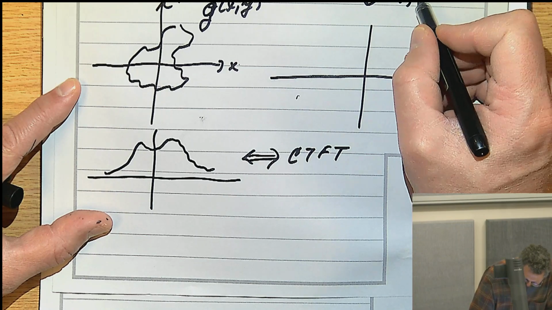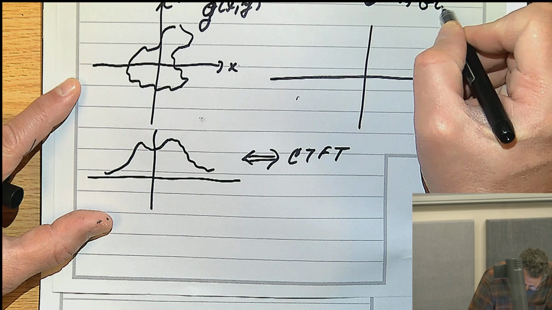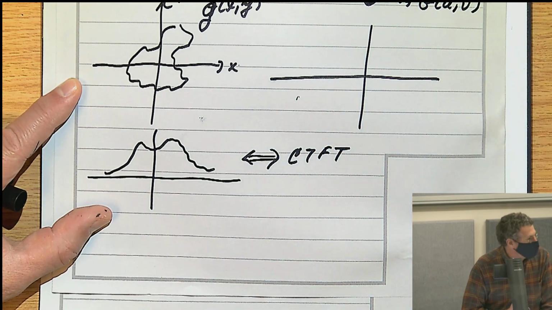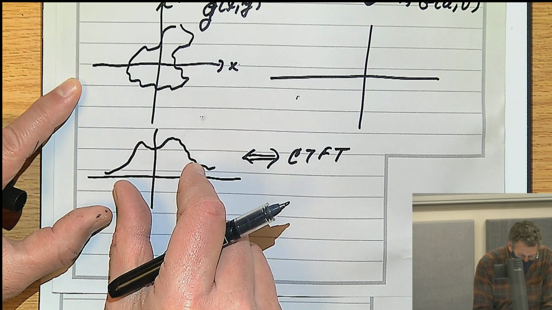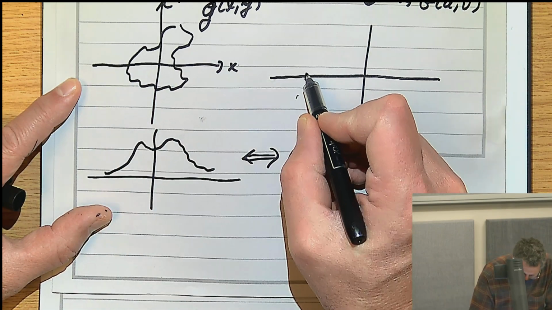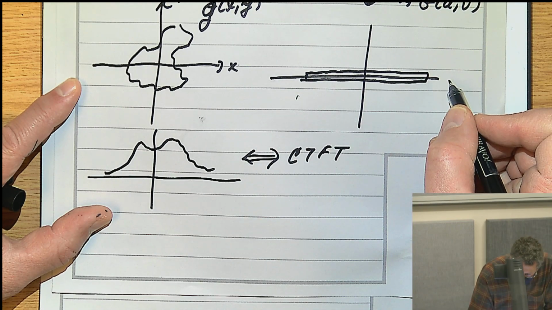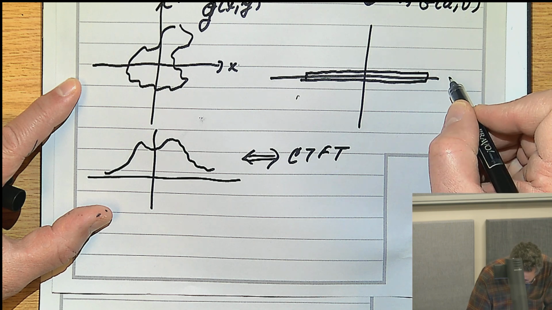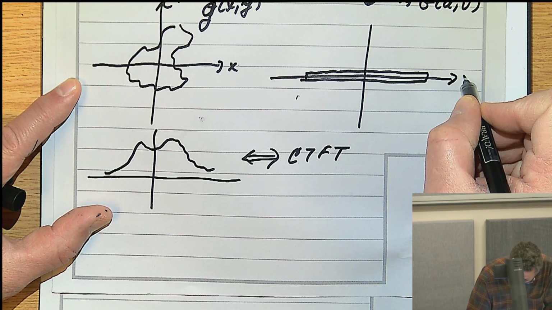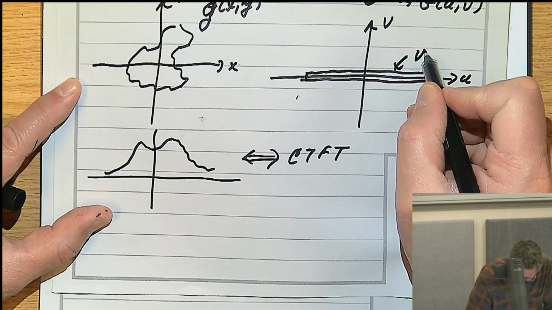G of UV, I'm sorry, right? So the Fourier transform is going to be the value of G of UV along here, because this is U, and this is V. So this corresponds to V equals 0.